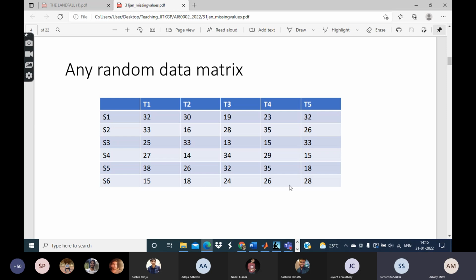By looking at this matrix, there are certain observations which you may want to make. So can you tell me some observations you are able to make from this kind of a matrix? Yes, anyone wants to hazard a guess?